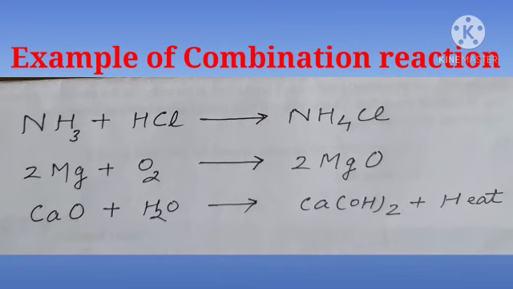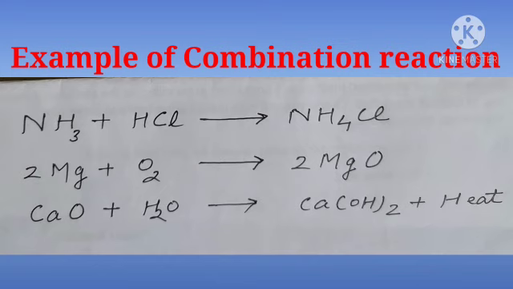In the second example, magnesium when burned in the presence of oxygen forms magnesium oxide. Here also, students, magnesium combines with oxygen. There are two reactants, and when these two reactants combine, a single product is formed, called magnesium oxide.